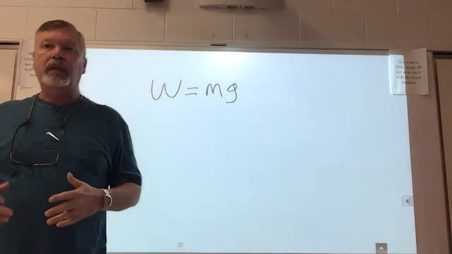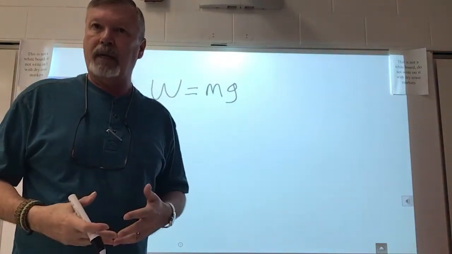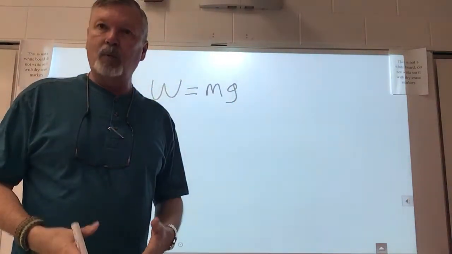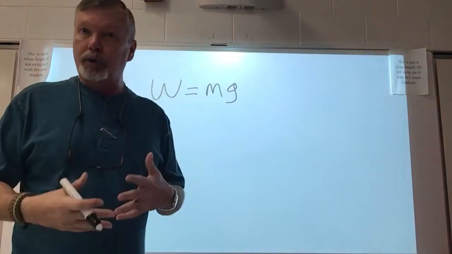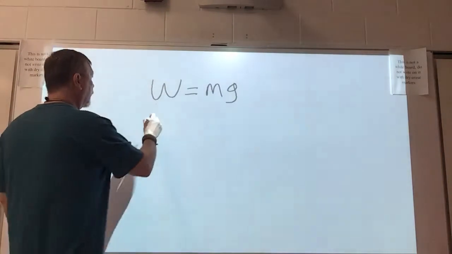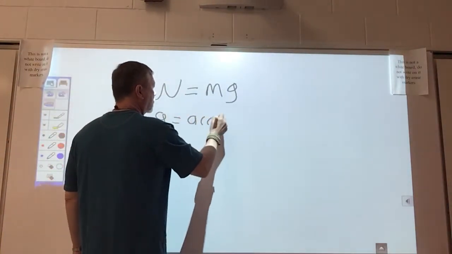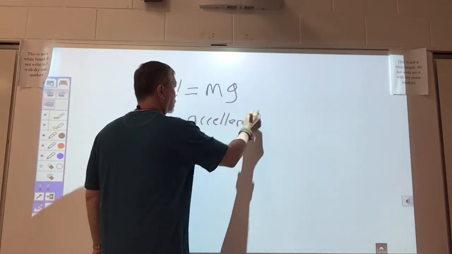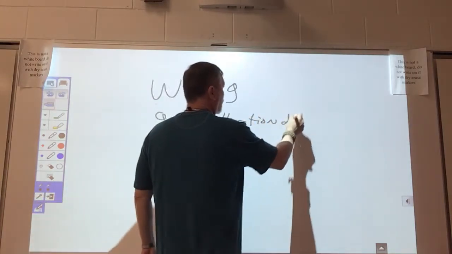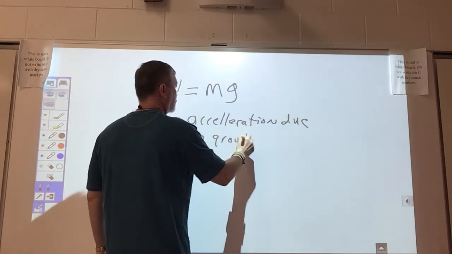What is little g? Little g is the acceleration due to gravity. Gravity only works downwards, so the acceleration due to gravity works down. Okay? So little g is equal to the acceleration due to gravity.